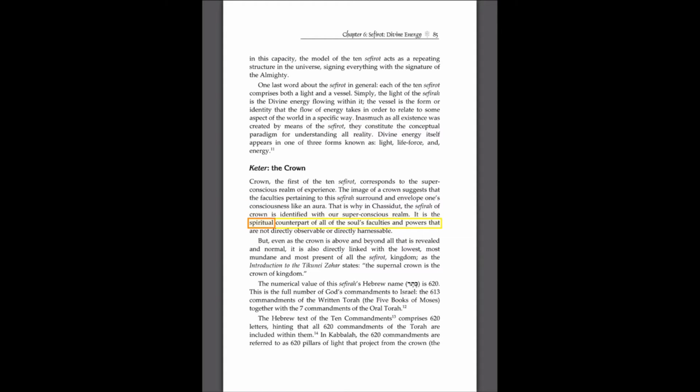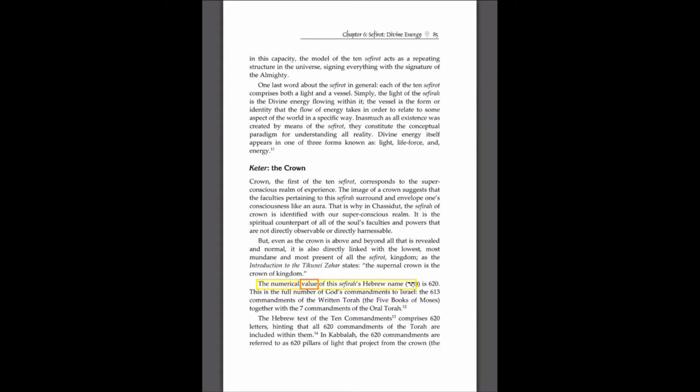It is the spiritual counterpart of all of the soul's faculties and powers that are not directly observable or directly harnessable. But even as the crown is above and beyond all that is revealed and normal, it is also directly linked with the lowest, most mundane and most present of all the sephirot, kingdom. As the introduction to the Tikkun Zohar states, the supernal crown is the crown of kingdom.